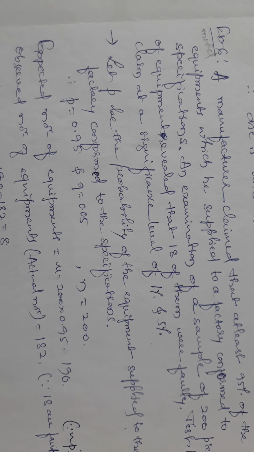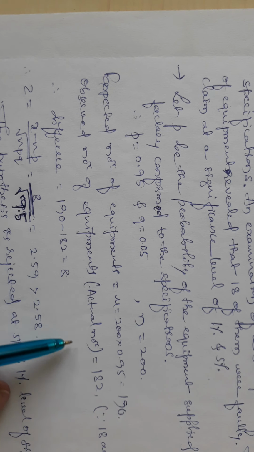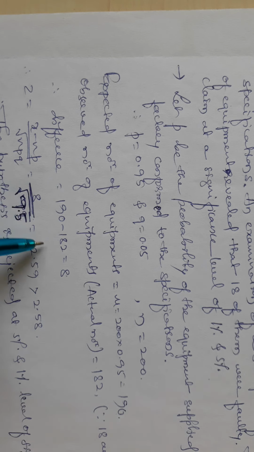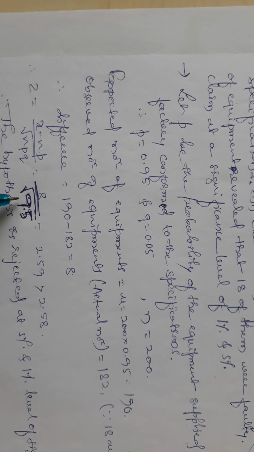Now we take the difference: expected is 190 and observed is 182. Usually we take x minus np, but here we would get a negative value, therefore we take the positive, 8, and the square root of npq is 9.5.